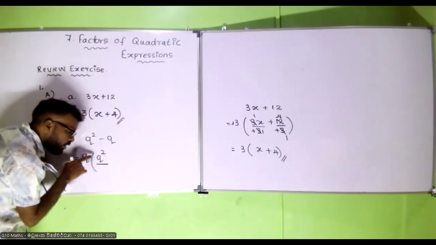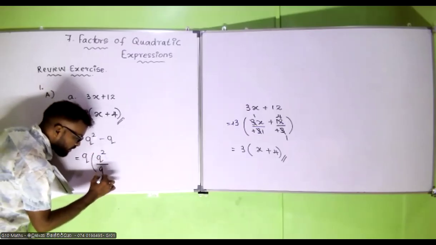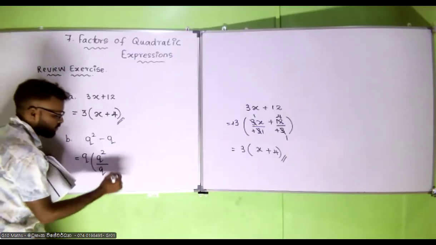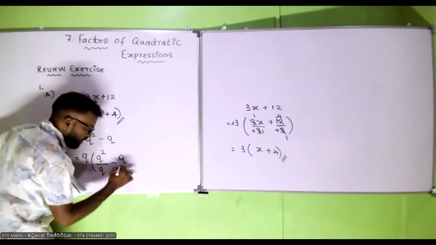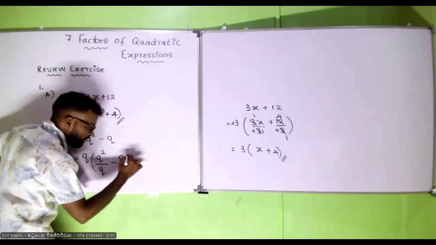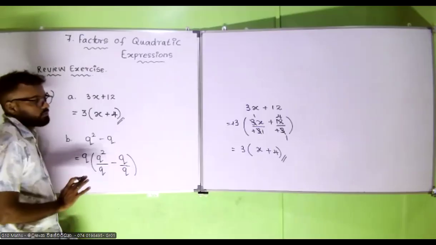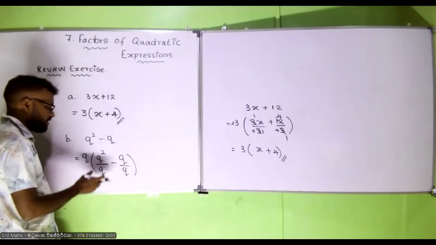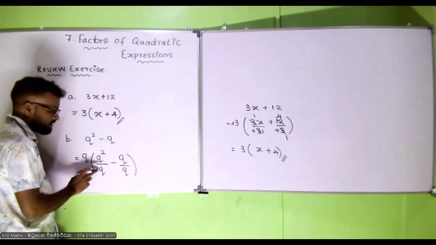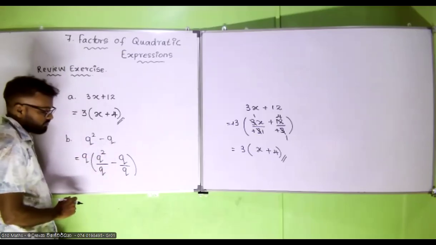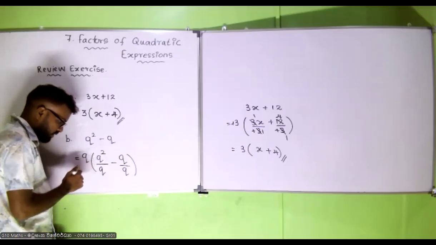I am going to divide this positive Q square by positive Q. Here you have negative Q, and I am also going to divide it by Q so that I am not doing any harm to this expression. I have taken something out and divided each and every term by the same thing that I have taken out from the parenthesis. So positive divided by positive, positive.